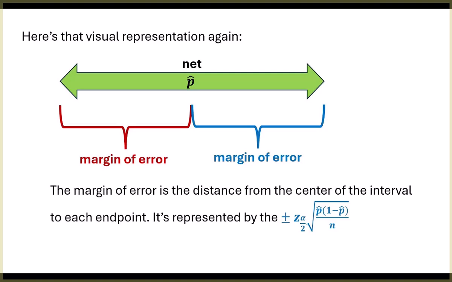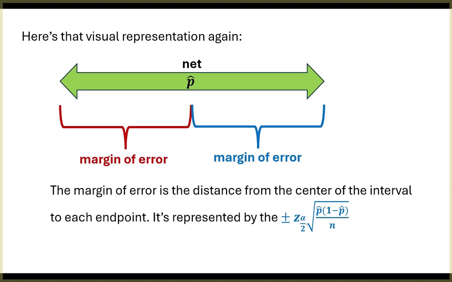So another way of looking at it is, if you tell me the margin of error, I can tell you how wide that interval is. So if the margin of error is 0.03, I know that my interval is 0.06. If the margin of error is 0.05, then it's 0.1, right? Just want you to get this picture in your head.